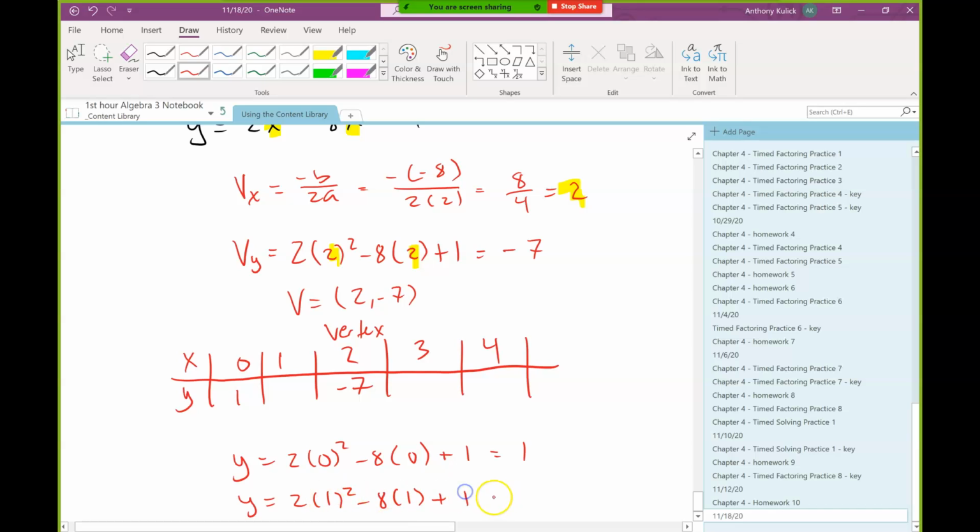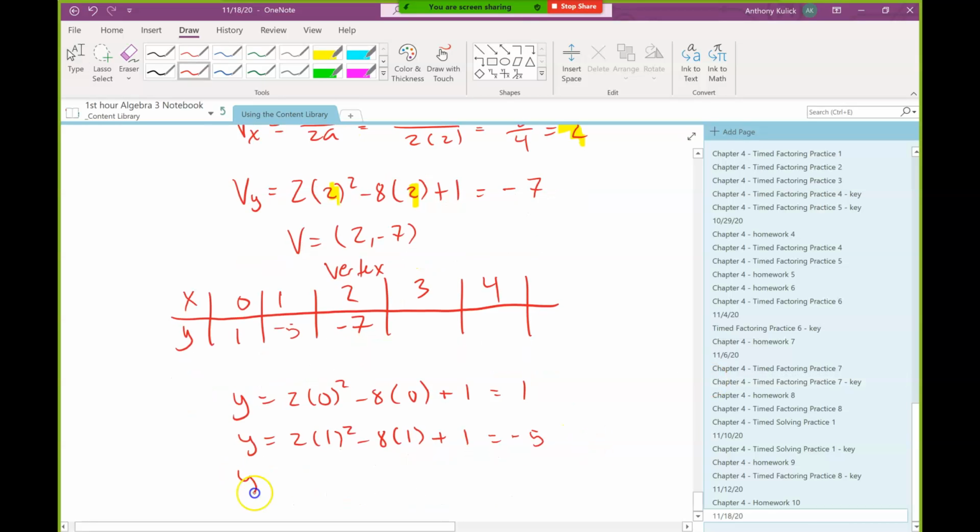When I do that, I get negative 5. And then I'll plug 3 in. When I do that, I get negative 5. And then I'll plug 4 in. When I do that, I get 1.